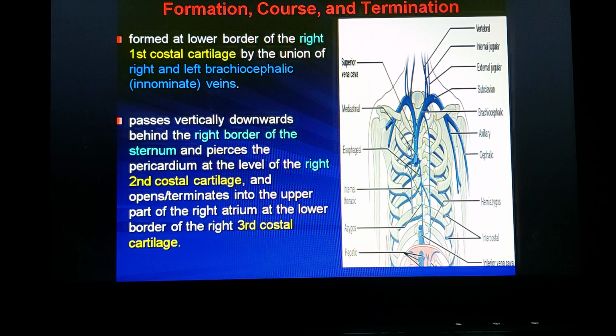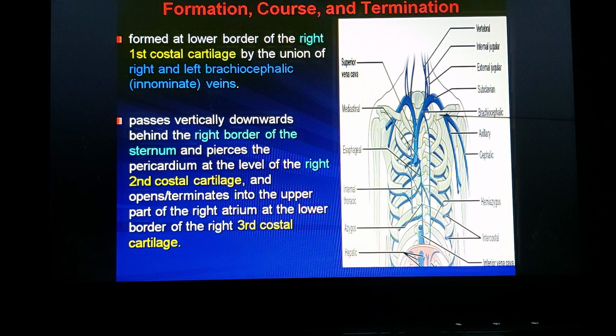Coming to the formation, course and termination of this superior vena cava. First of all we will start with the formation. It is formed at the lower border of the right first costal cartilage by the union of the right and left brachiocephalic veins.